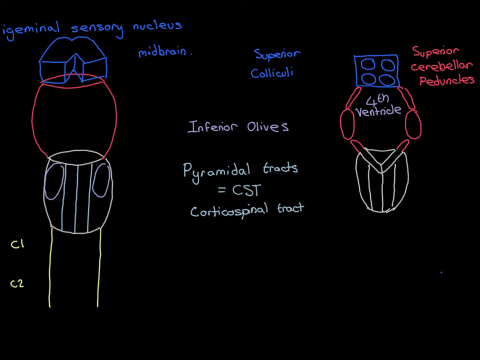Okay, so these are some pictures of the brainstem from the front and from the back. What I now want to add on to my picture of the brainstem from the front is the trigeminal sensory nucleus. Then, to truly show you this nucleus, I want to take cross-sections through the midbrain, the pons, and the medulla, and we'll take a very clever cross-section of the medulla.